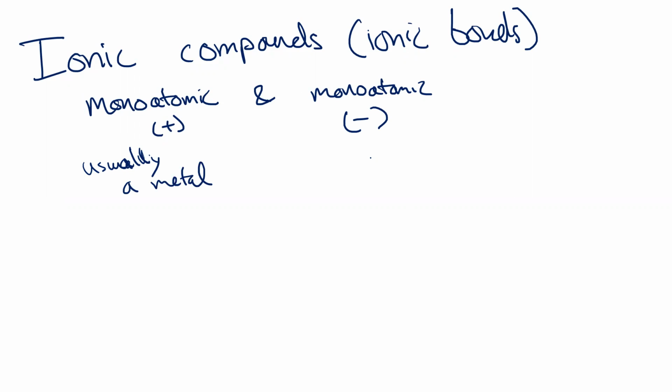Could be a main group metal, could be a transition metal. And the monoatomic anion is usually, almost always, a non-metal.